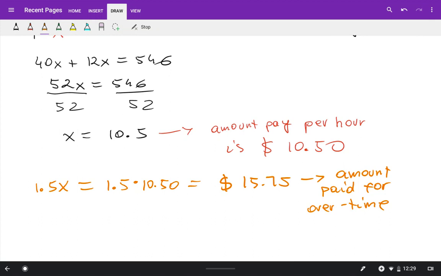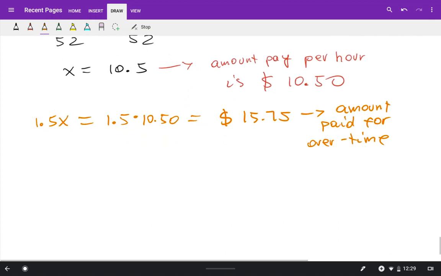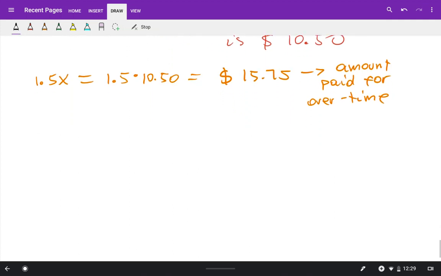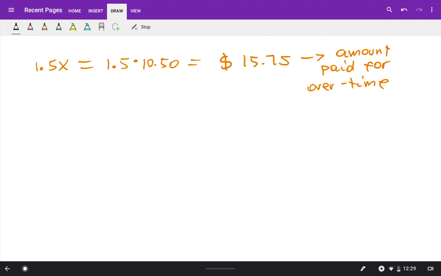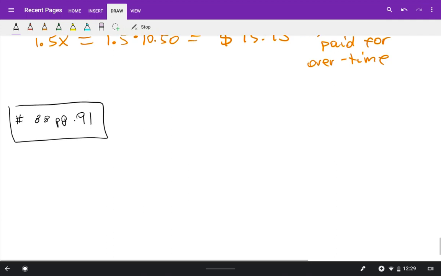Okay, and I will solve one more, and I think that will be enough. One more word problem for you guys. So next one, I want to talk about number 88 from page 91. Here we're talking about calculating what we should receive from the final exam.